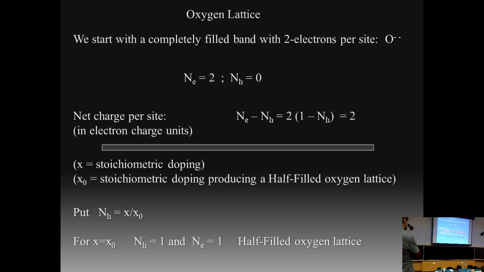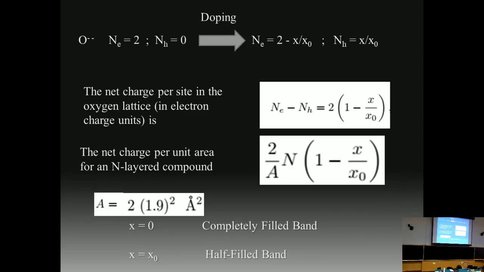So I call x0 the stoichiometric doping for which the oxygen lattice is half filled, because then I have the number one hole per site. The way I wrote this constraint.